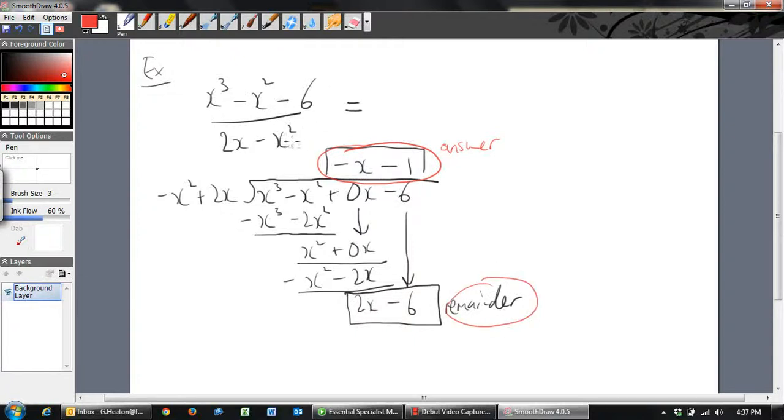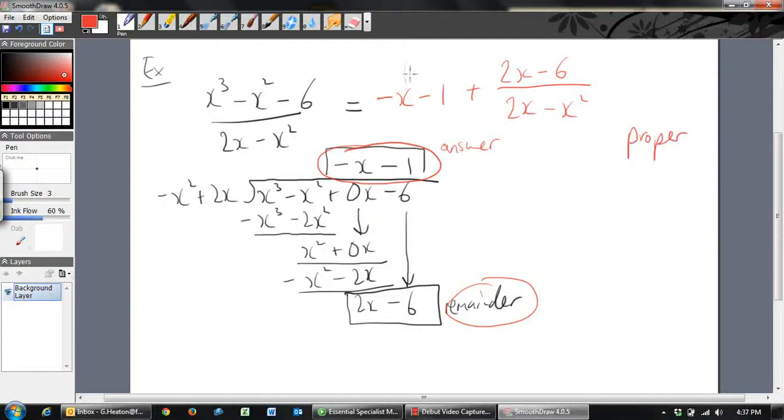Okay, so how we can write this is it's equal to negative x minus 1 plus the remainder 2x minus 6, and it's over what we divided by, so over 2x minus x squared. And that's how we write that as this is now a proper fraction.